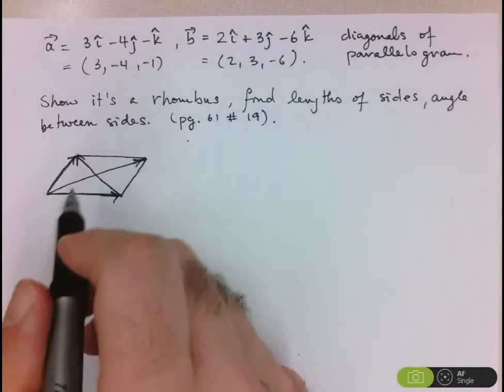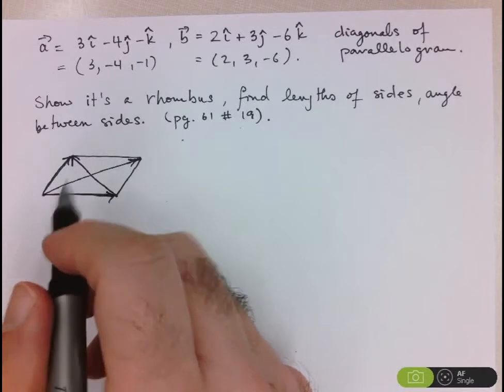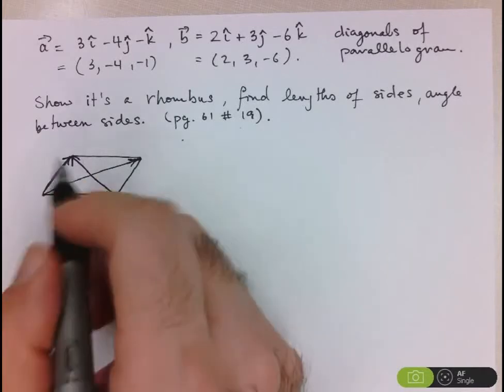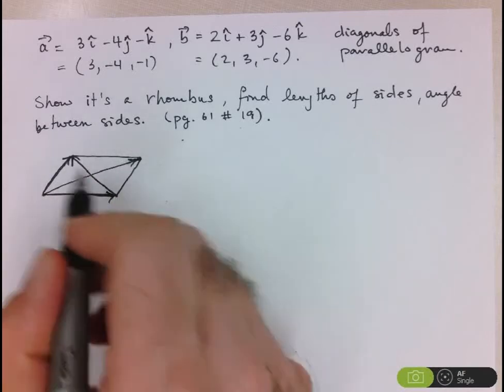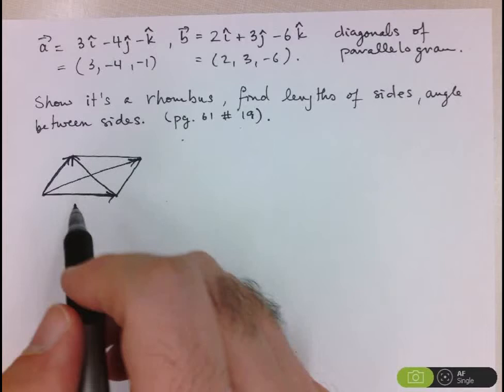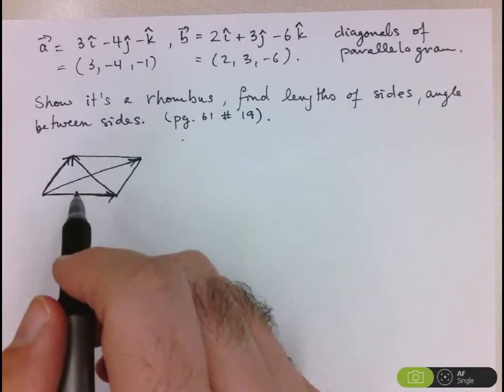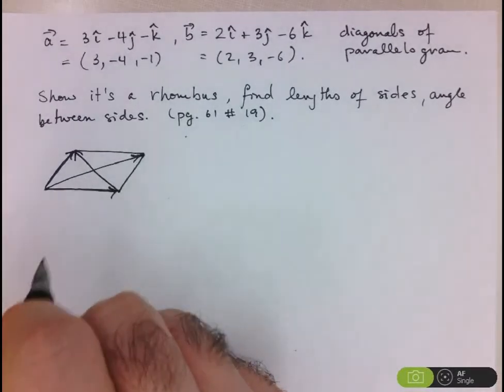Now notice, this is just a diagram to help me determine how to proceed in this problem. I could have taken this as my vector, say u, and that as my vector v, then that would have been the sum and that would have been the difference. So it doesn't matter how I draw it, as long as I'm applying the relationships between these sides correctly.